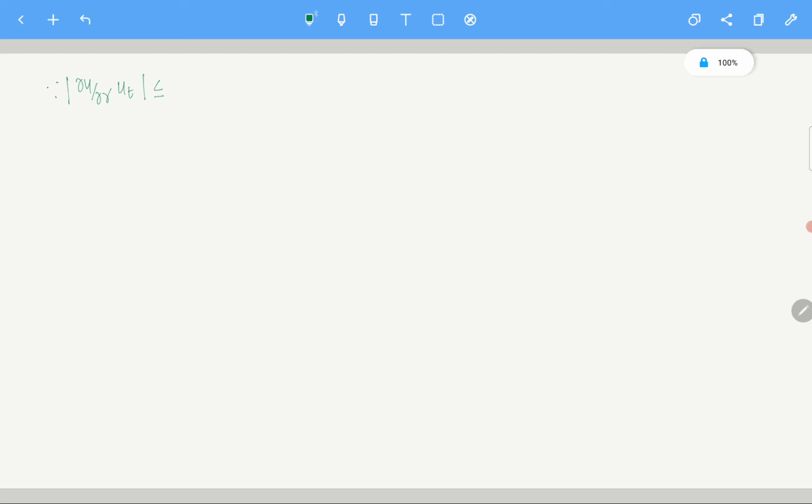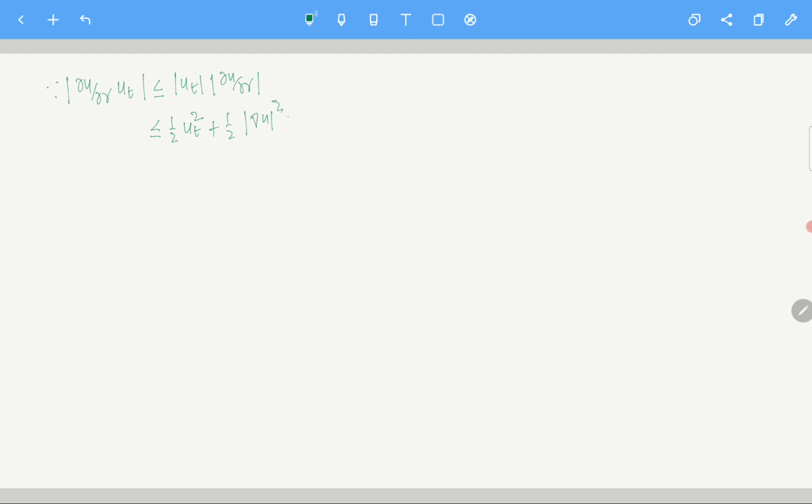It is less than the absolute value of u_t times the absolute value of ∂u/∂γ. Here I can use the inequality 2ab is less than a square plus b square. So it is bounded by half u_t square plus half gradient u square. Clear?